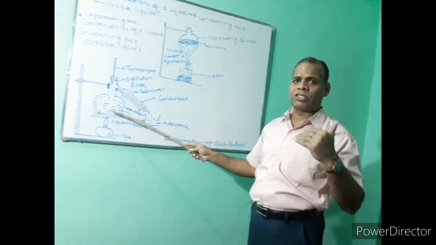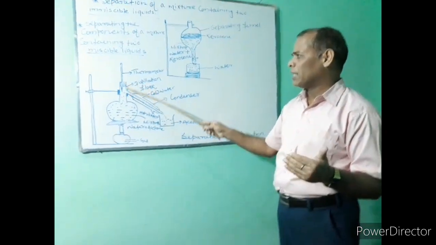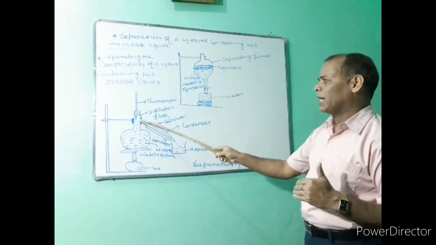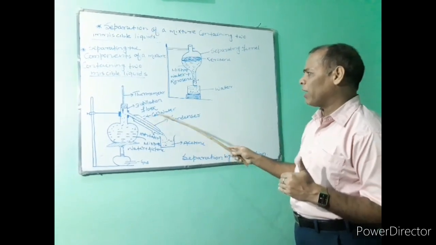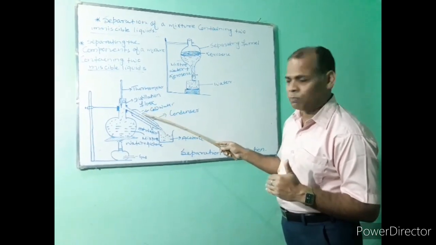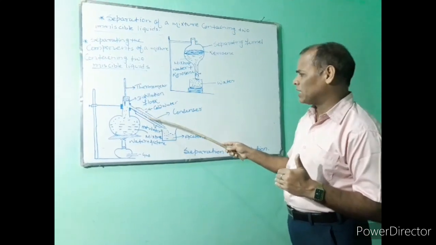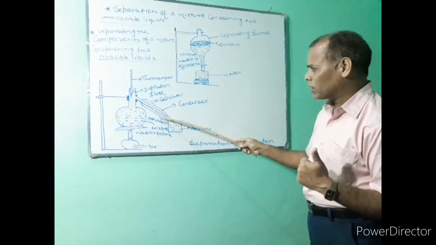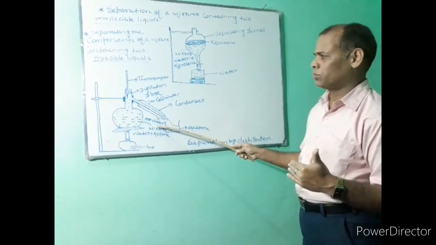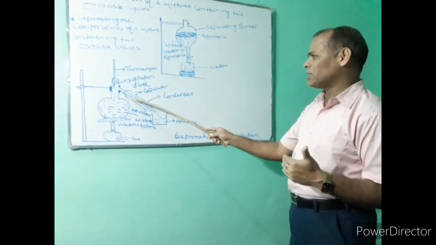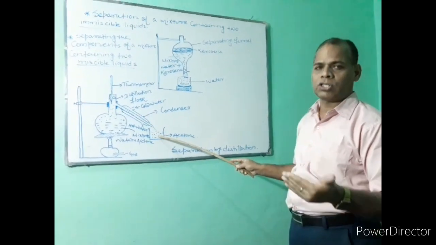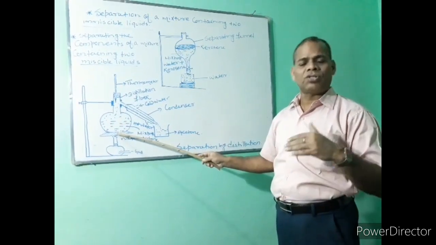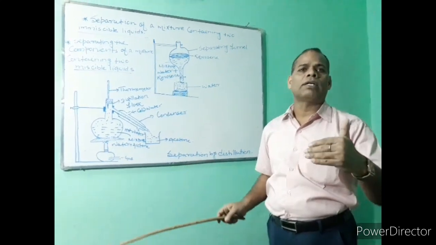When the acetone starts to boil, rapid formation of vapor starts, which passes through the condenser where cold water is allowed to flow so that the vapor can convert into liquid form, and the hot water comes out. The acetone vapor is converted into acetone, and the water remains in the distillation flask. So this is the way to separate two miscible liquids.